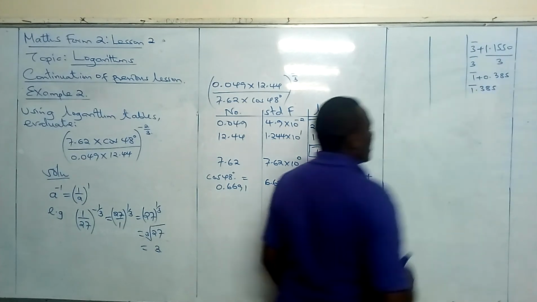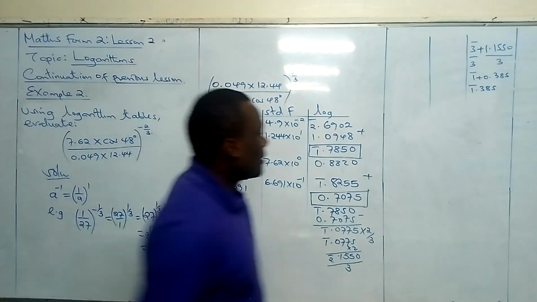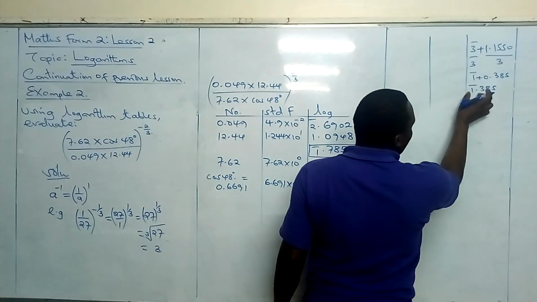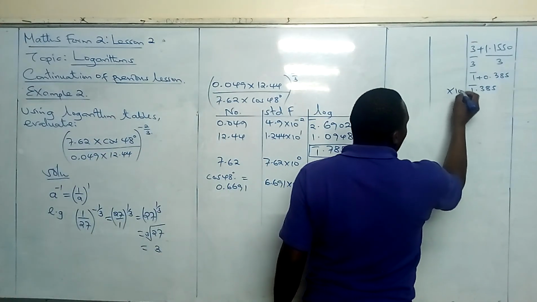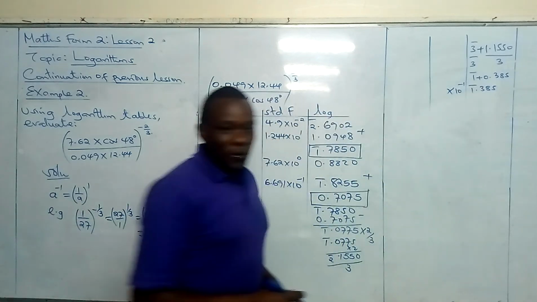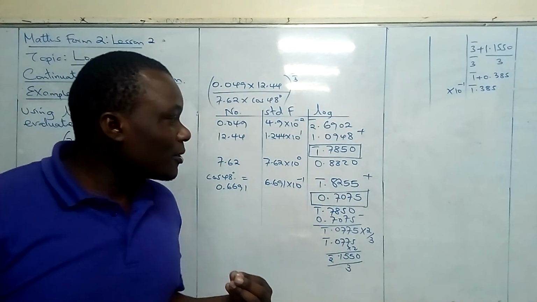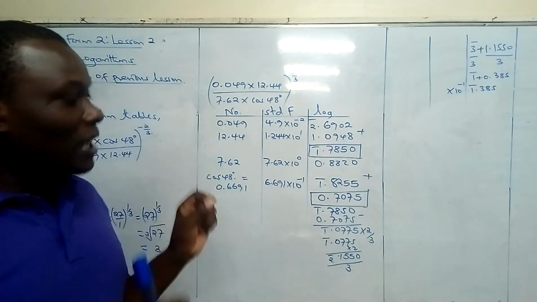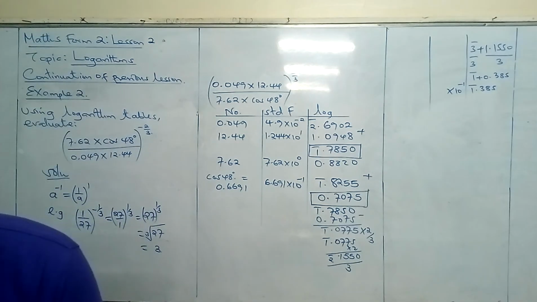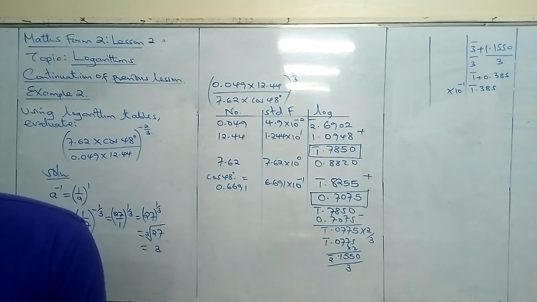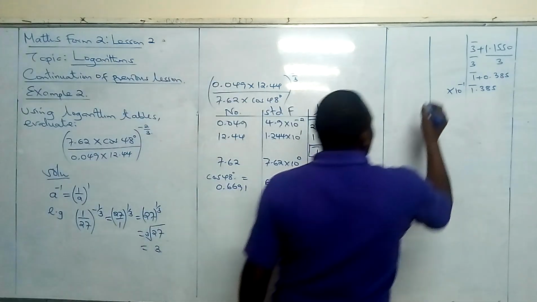Then from there we find the answer. Before we do that, this characteristic will now turn to be our power. Then we find the antilog of .385. Antilog of .38 under column 5, giving us 2.427.